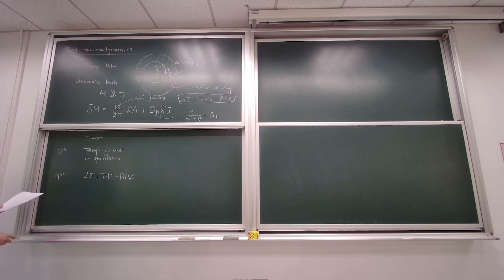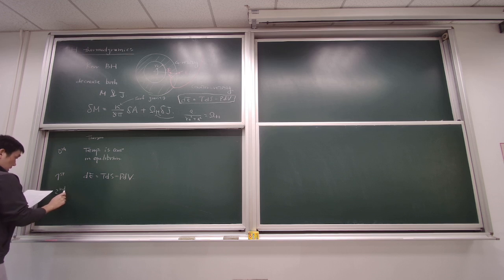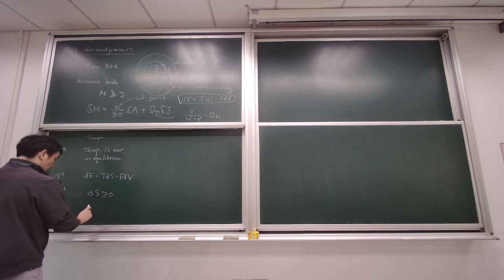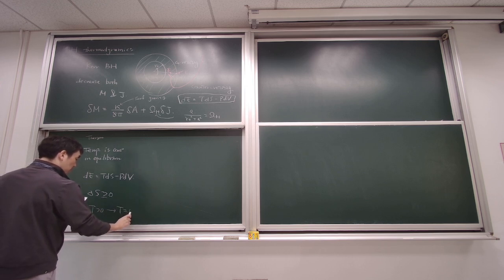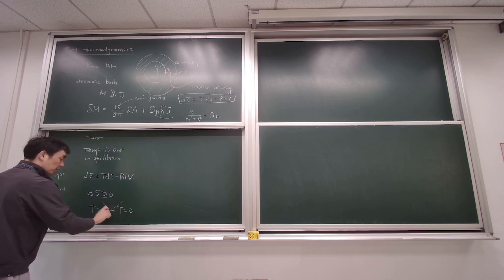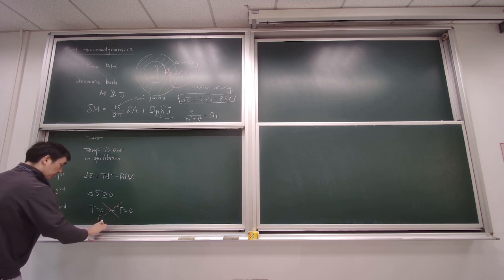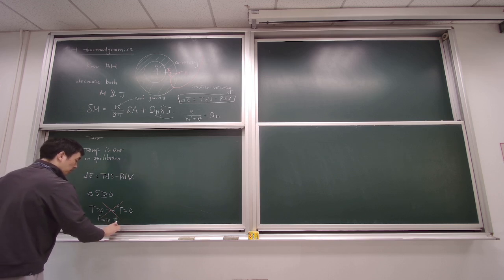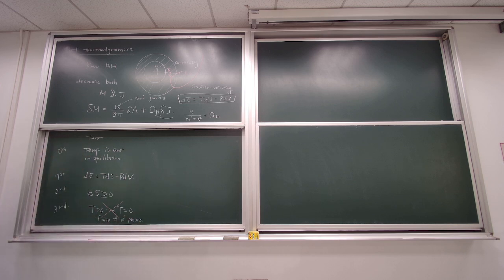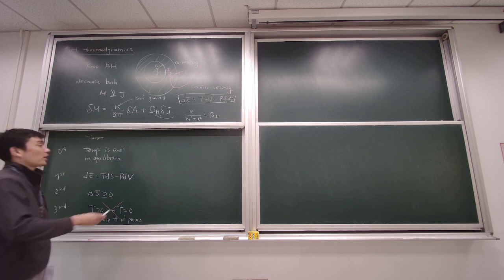The second law is that entropy never decreases. And the third law is that it is impossible to reach T going to 0 in a finite number of processes. This is prohibited. So that's the usual thermodynamics.